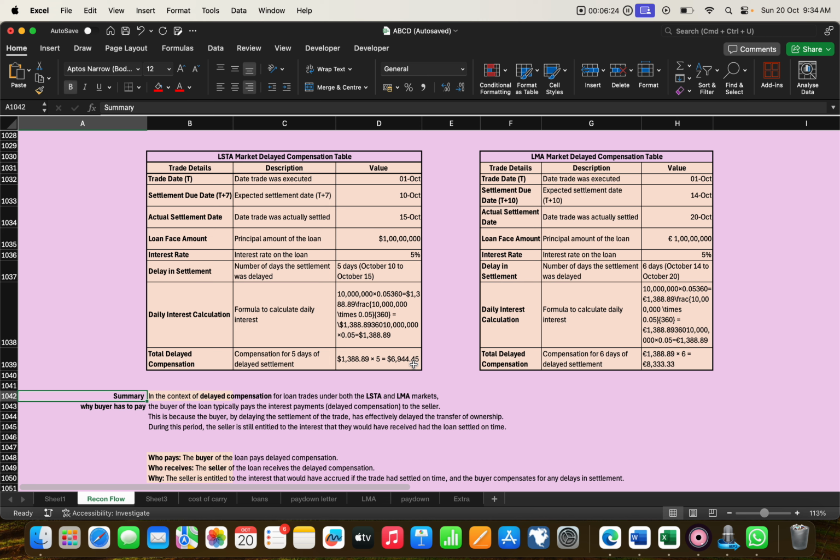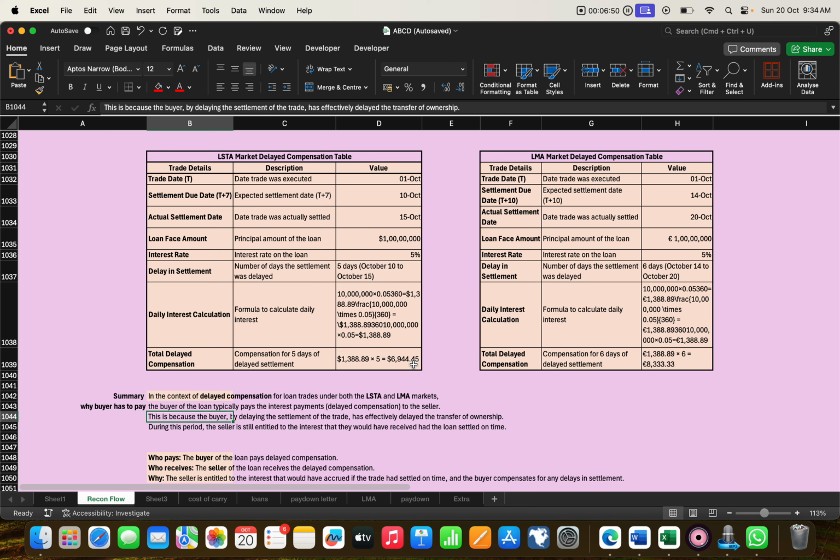Now we come to the summary. In the context of delay compensation for a loan trade under the LSTA market, why does the buyer have to pay? There is a certain default that the buyer has to pay. The buyer of a loan typically pays the interest payment, meaning the delay compensation, to the seller. Why does it get paid?